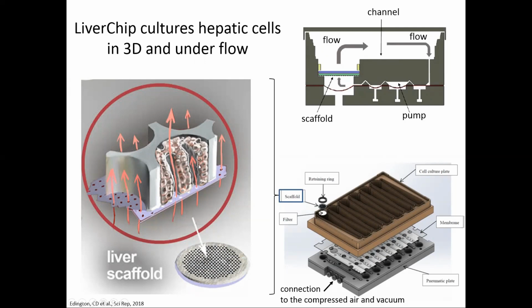And this scaffold contains cells that are organized in 3D. So basically what we have here is 3D culture, co-culture with cells under fluid flow. This is basically the microenvironment that differentiates cells that are cultured here from cells that are cultured in other systems, 2D or spheroids.